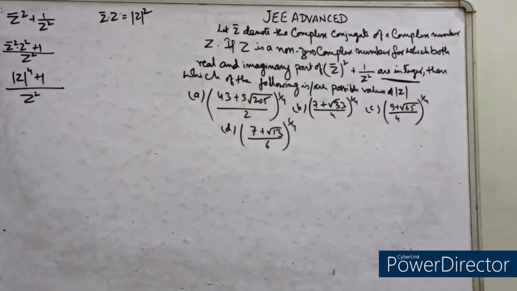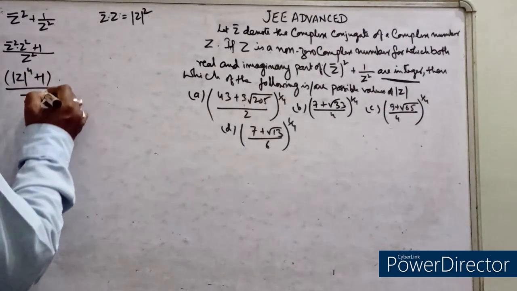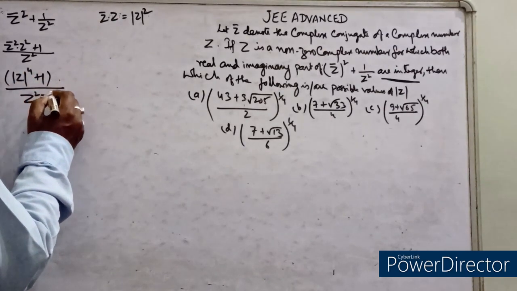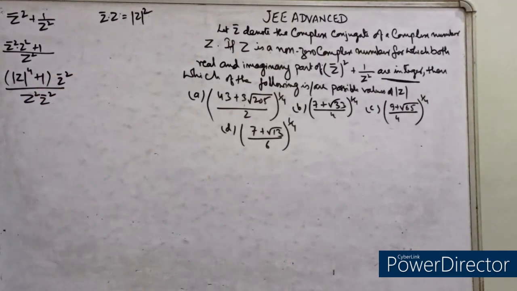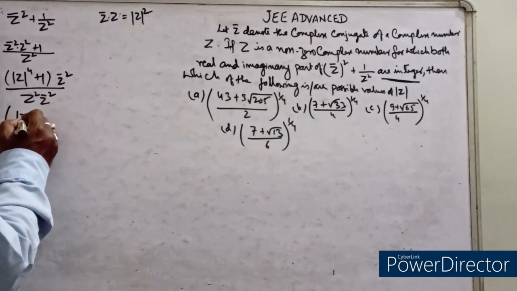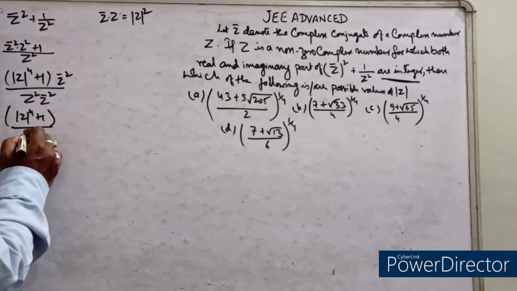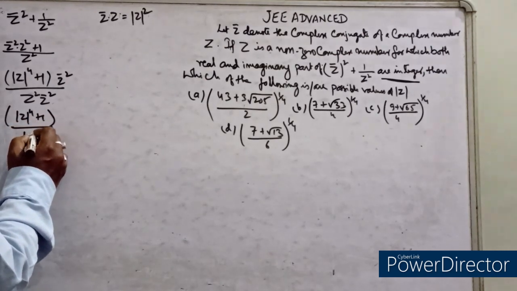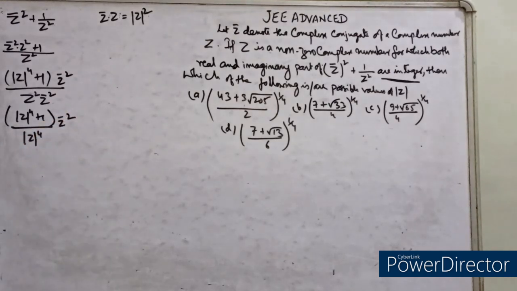Now what I did here is that I again multiplied the numerator and denominator by z bar square. So here again I got modulus z to the power 4 plus 1 by modulus z to the power 4 and z bar square.